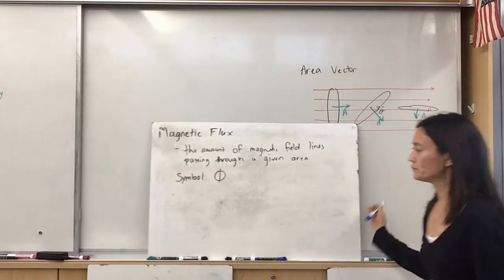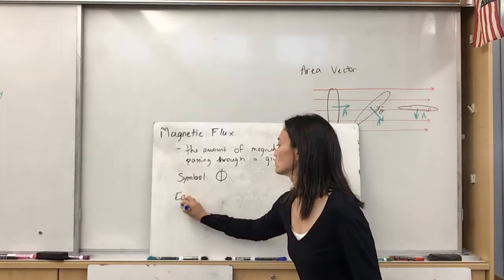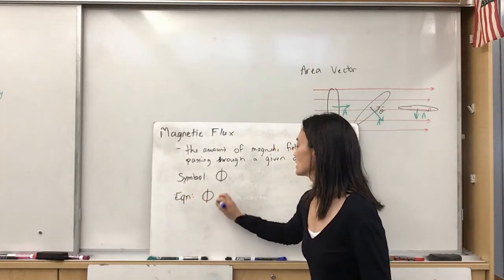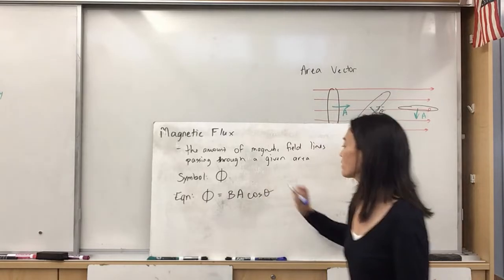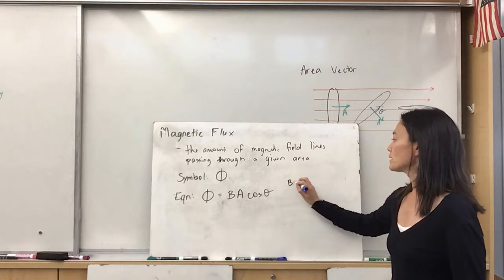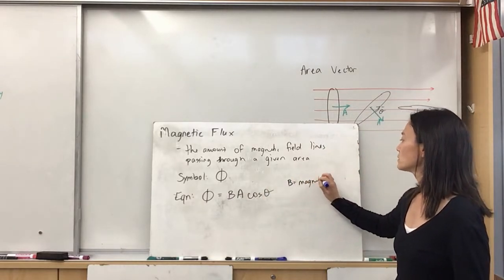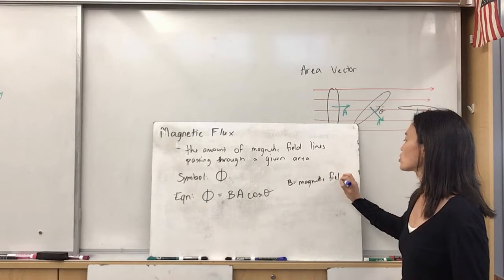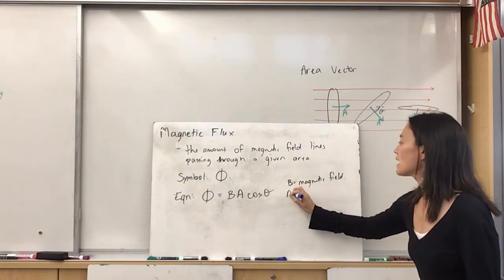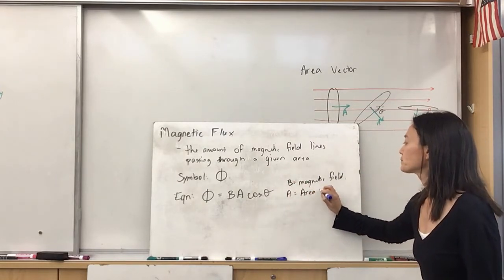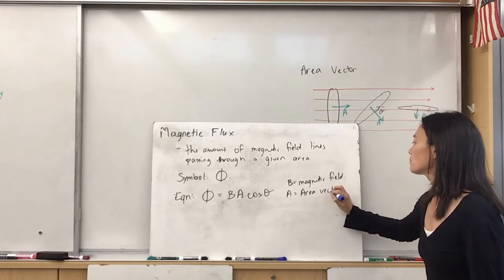And our equation is magnetic flux is equal to B A cosine of theta, where B is our magnetic field. So the stronger the magnetic field, the more field lines I'm going to have, the bigger the flux is going to be. The A is our area vector, which should make sense.